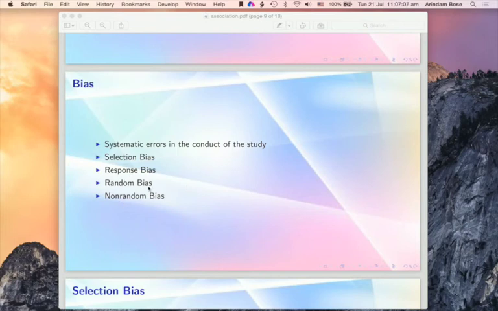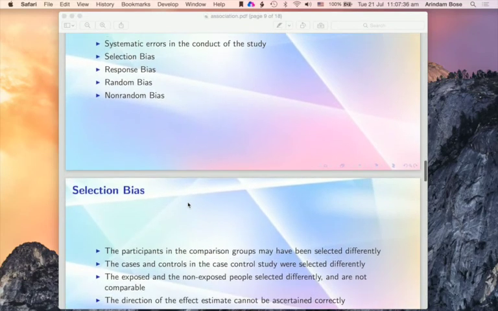Random bias basically means that a similar kind of bias occurs across the board, which means, for example, in a case control study, the same type of bias will occur for both the cases and controls. Non-random bias refers to a situation where the comparable groups' data are collected differently. Either they were selected differently, or when they respond to certain questionnaires, their responses are quite different.